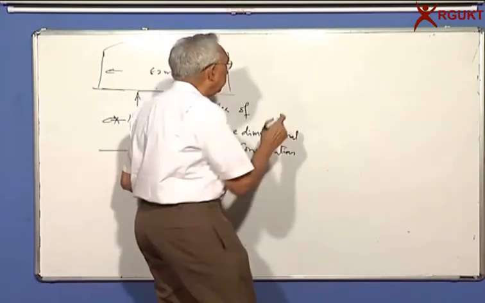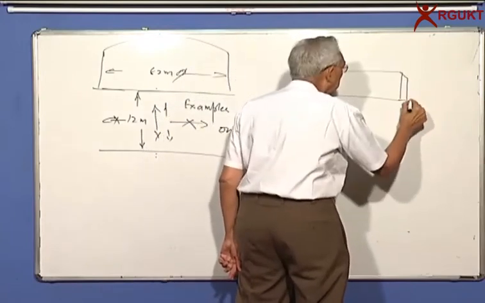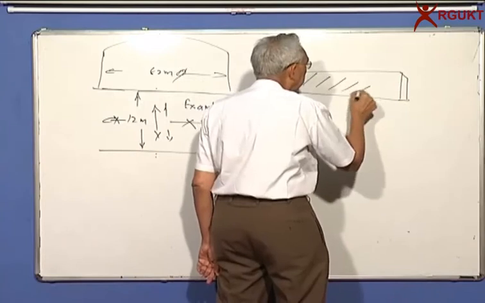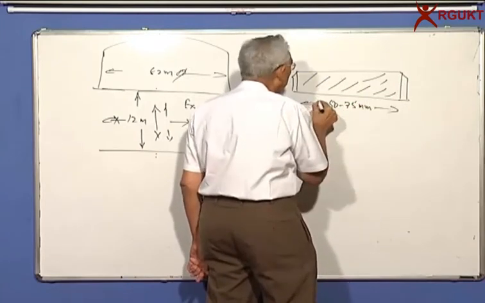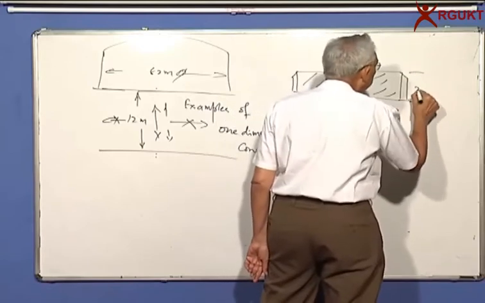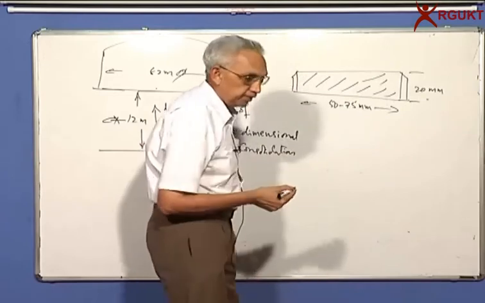If you go to the odometer, you have seen we have a soft clay sample inside a ring whose diameter is 50 to 75 millimeters, and the thickness is about 20 millimeters. Maybe in some cases 25, but usually we start with 20.